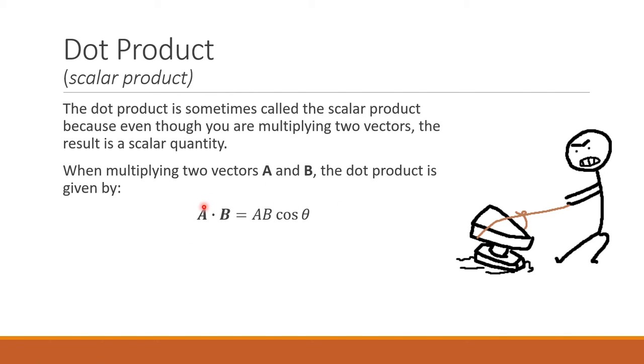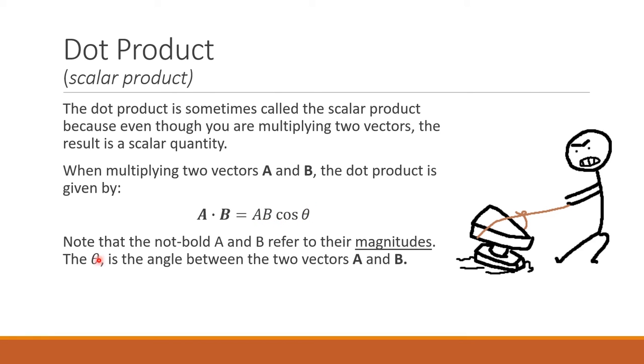You see that bold A and bold B are vectors. When you do a dot product, you multiply, notice they are not bold because this is just the magnitude: magnitude A times magnitude B times cosine theta. What is theta? Theta is the angle between the two vectors A and B.